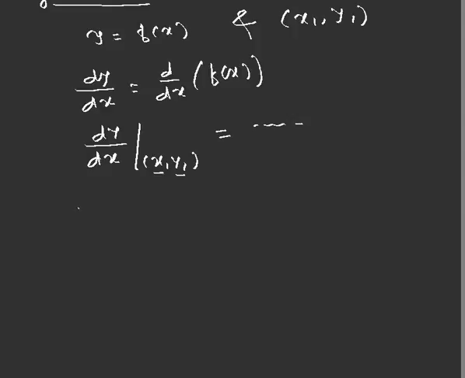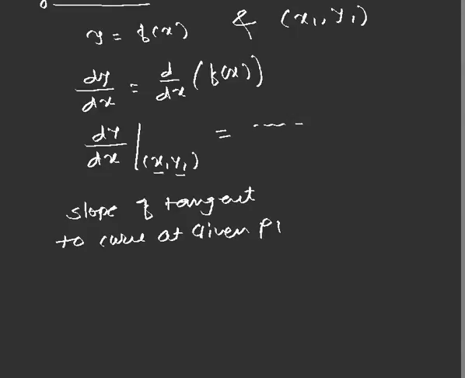So actually this is the slope of the tangent, we can say, to the curve at that given point. That is dy by dx at x1, y1. And we can also find the inclination of that tangent.